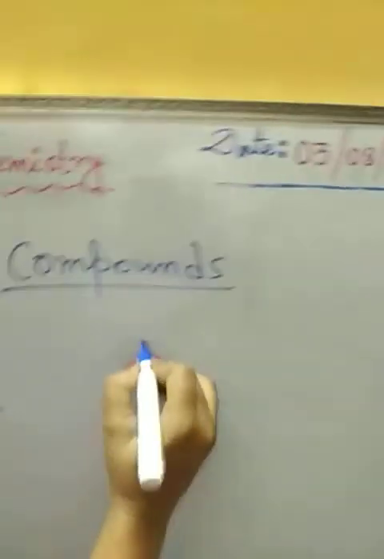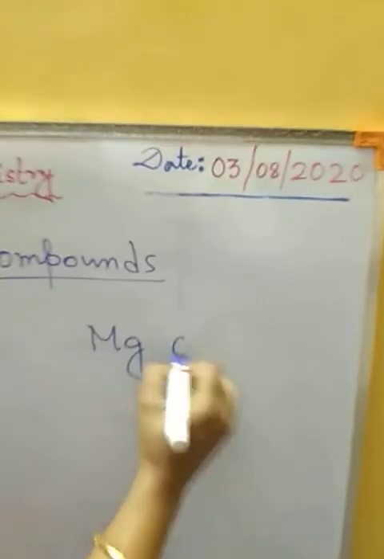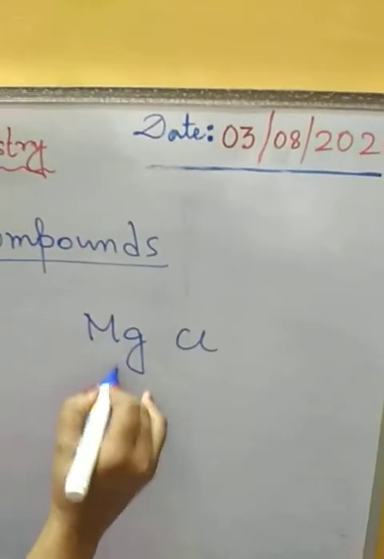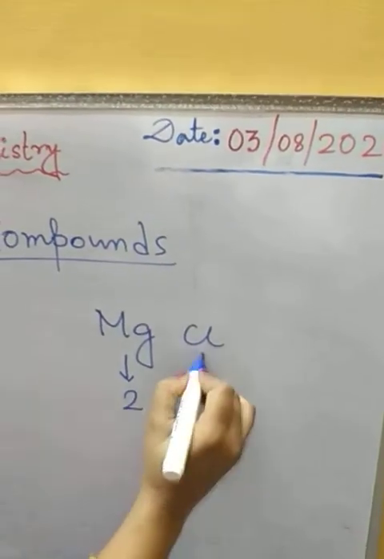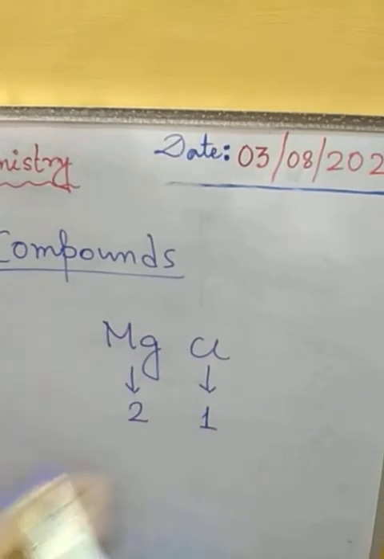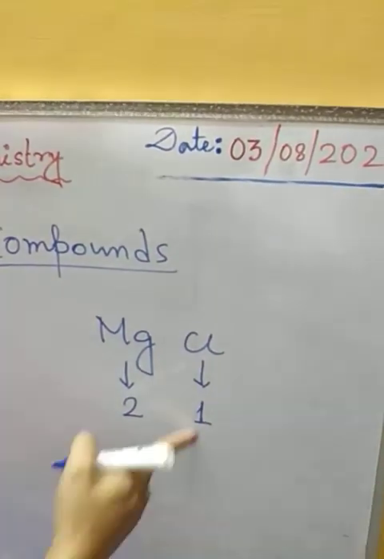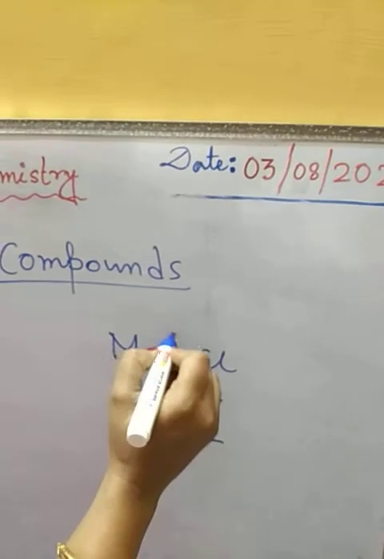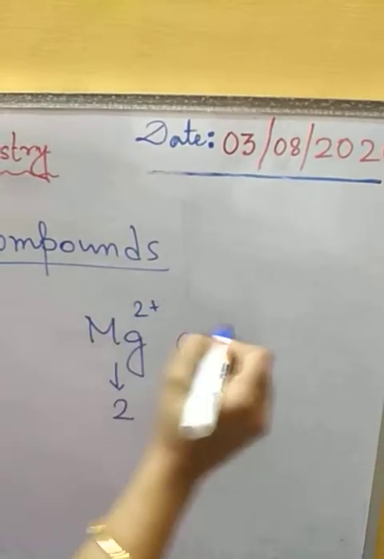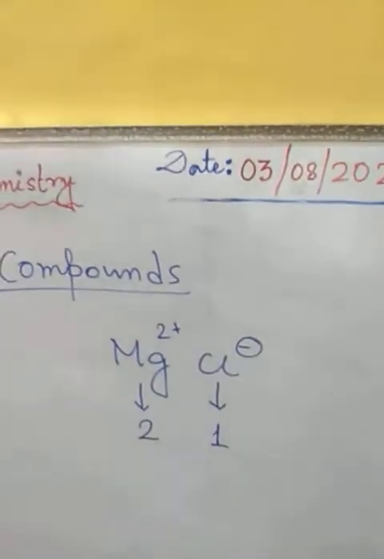In the same manner, we will just be crossing the valencies. For magnesium it is 2, for chloride ion it is 1. So you can write Mg2+ here and Cl- in this manner.